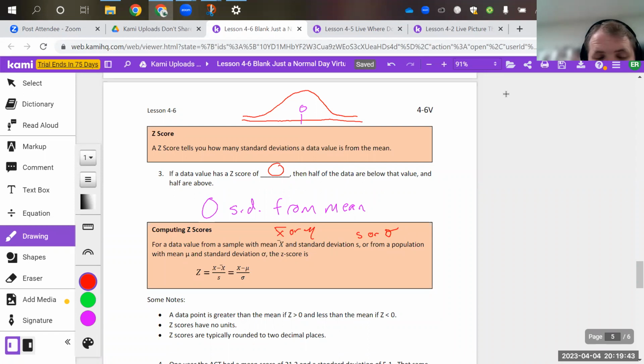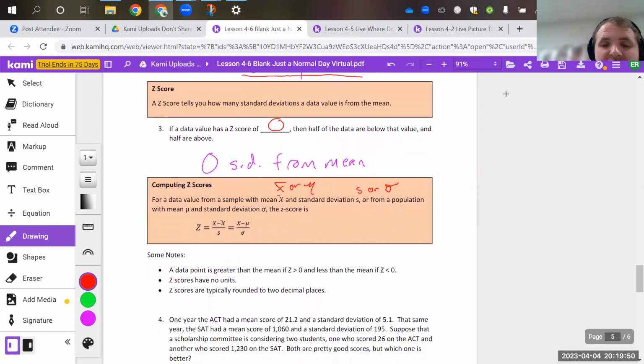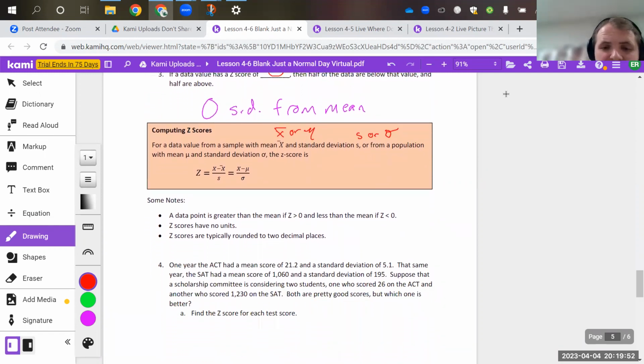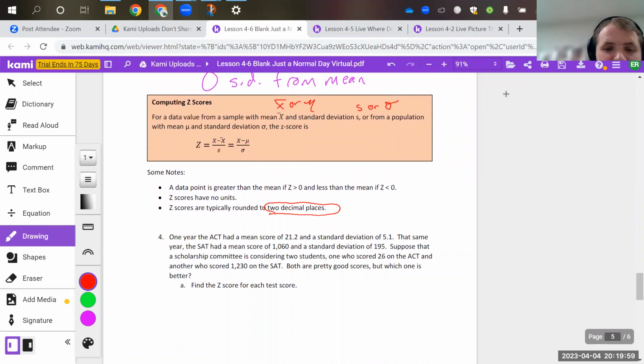So try not to get too confused with the notation there. X bar and mu stand for the mean. S or sigma stand for the standard deviation. And it's pretty important to know that we usually go to 2 decimal places.